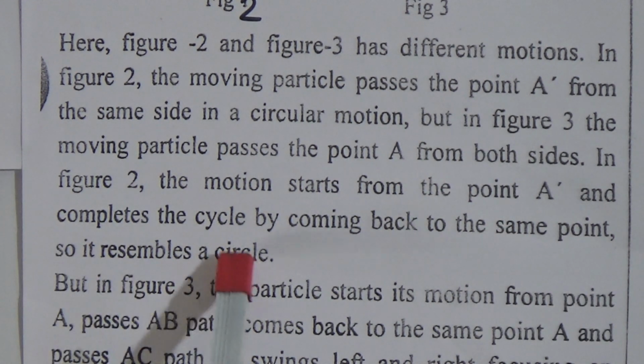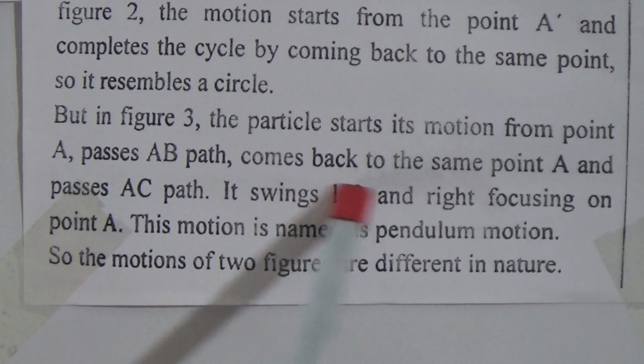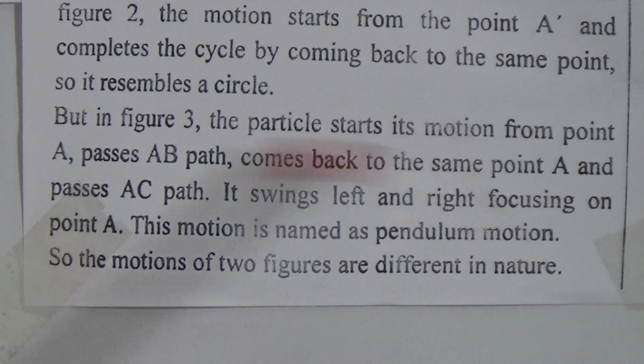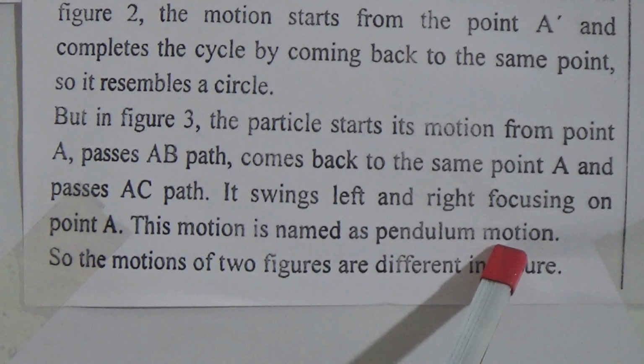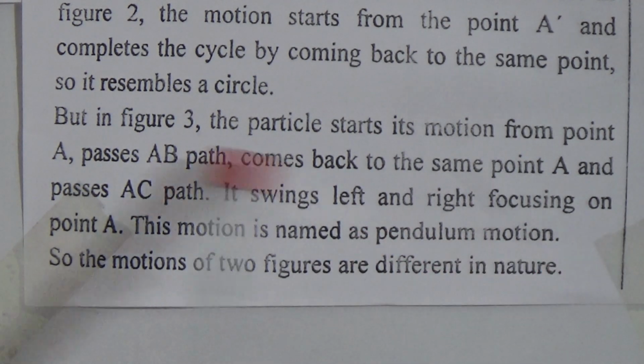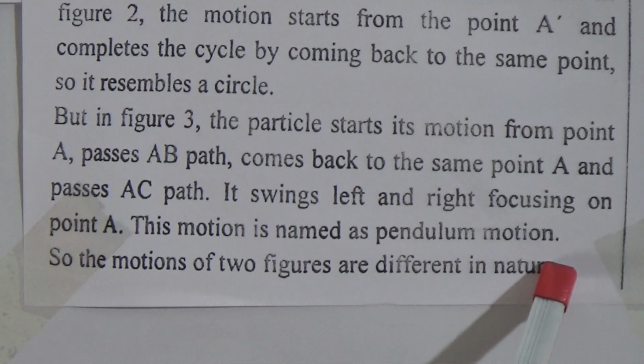So, the result is a circle, but in figure 3, the particle starts its motion from point A, passes the AB path, comes back to the same point A and passes the AC path. It swings left and right about point A. This motion is named pendulum motion or vibratory motion. So, the motions of the two figures are different in nature.